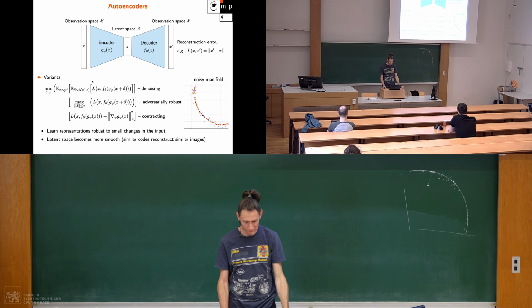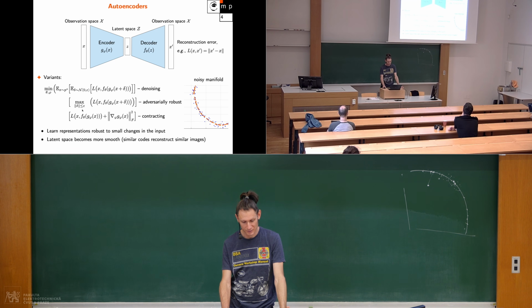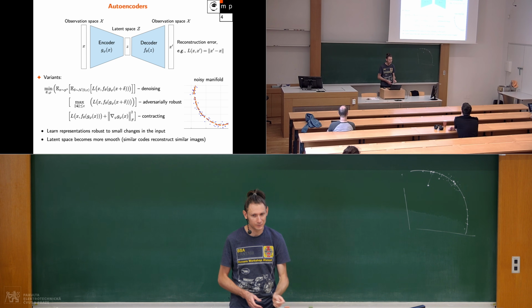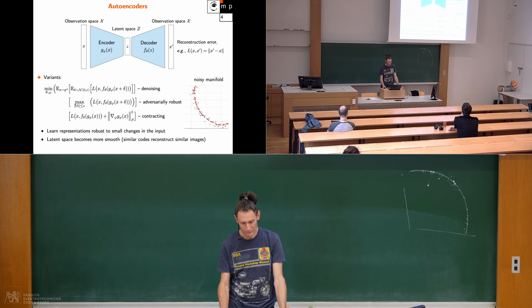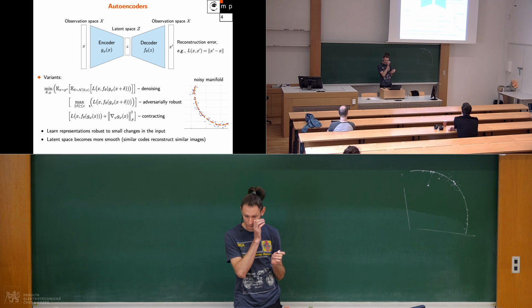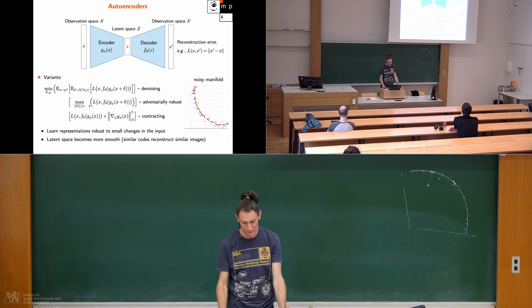There was a variant where you replace adding Gaussian noise to the input by adversarially perturbing the input image, finding the maximum perturbation, with a bounded amount of distortion, that adversarially corrupts our loss.